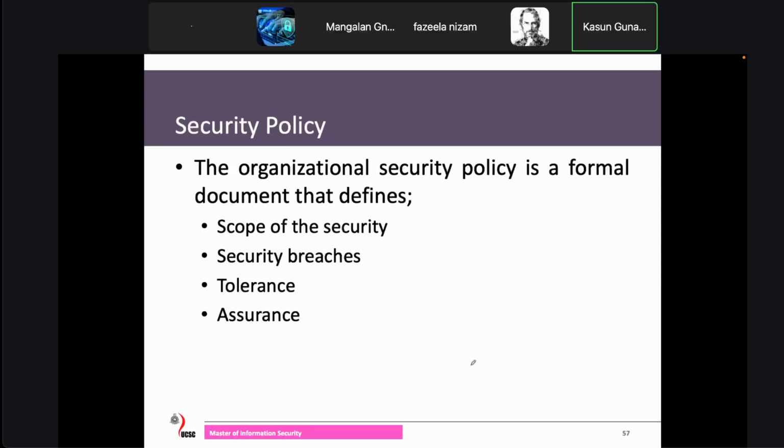Security policy. Every organization has their security principles and their security philosophy. So the organizational security policy is based on their requirements. It details their view on security requirements. They will look at scope, breaches, tolerance, and assurance. So these are described and detailed there.